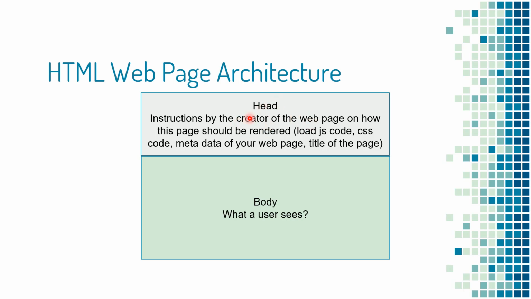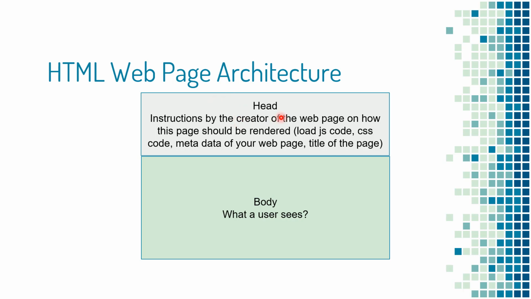In other words, anything that the user doesn't see, we should have here in the head section. Let's say I want to specify some keywords for the web page to make it easy for the search engine to recognize what my web page is talking about.